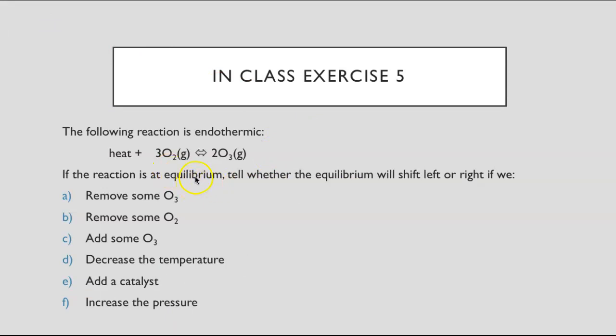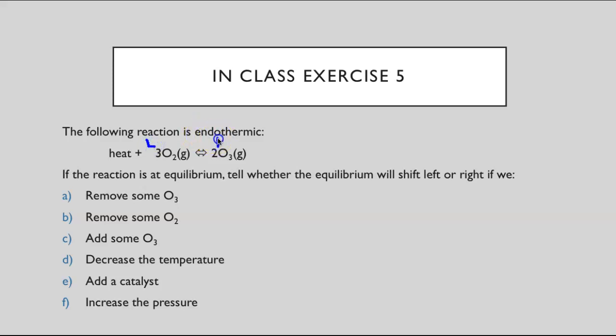So now we want to know whether or not the equilibrium will shift to the left or to the right. So if you remove some O3, O3 is a product. Again, if you remove something, it goes toward whatever side that substance is on. So this is the left side of the equation.